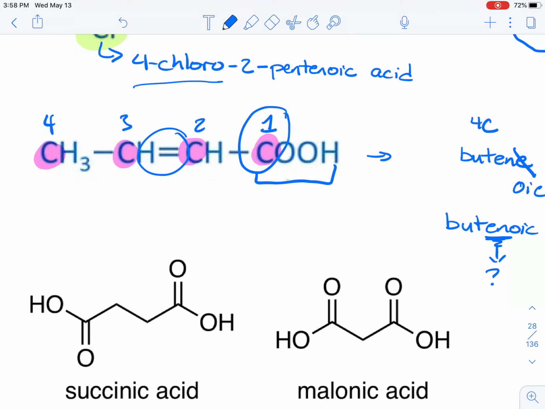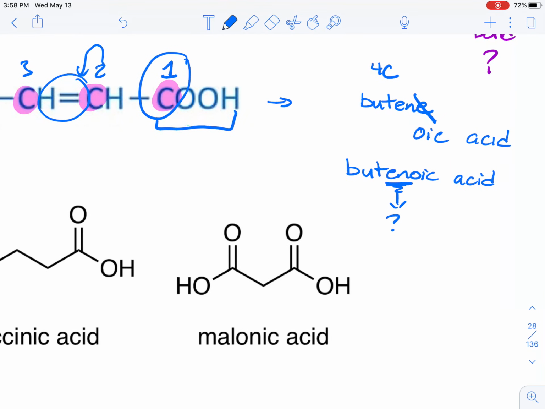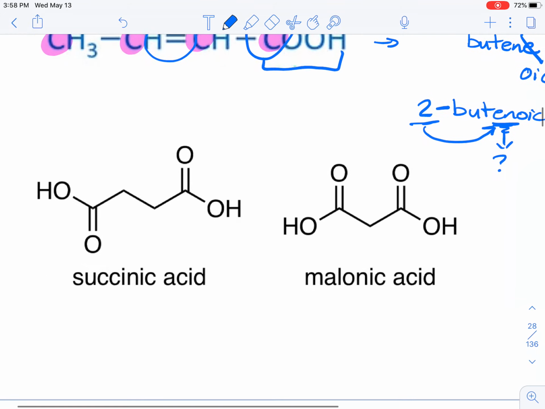And so it looks like our double bond starts on carbon number 2. And so we're going to put a number in front of but, and that number is going to tell us the carbon number that the double bond is found. All right.